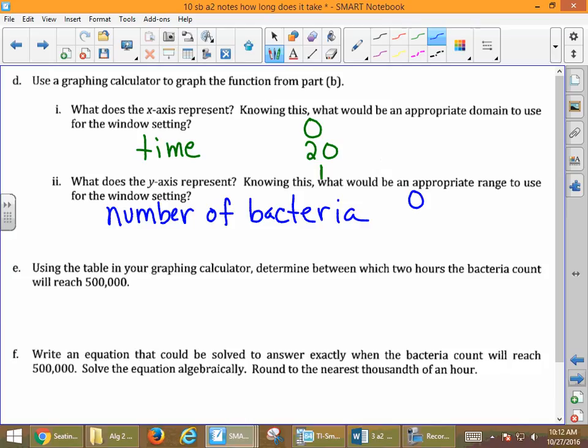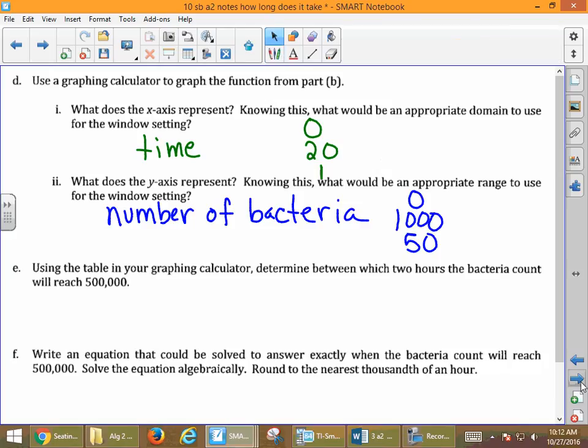But let's pick a higher number, maybe 1,000, to look at on our screen. And in terms of the Y scale, I'm going to put in the 50. You could use 100. It's not going to make any difference. We'll be able to see the picture.